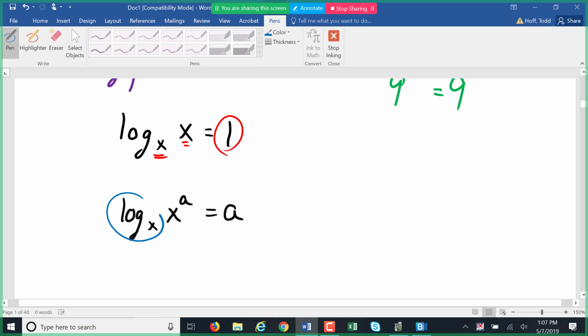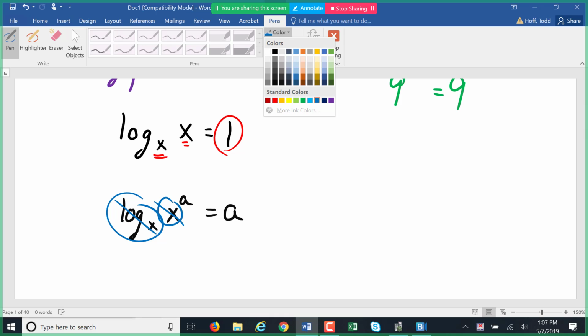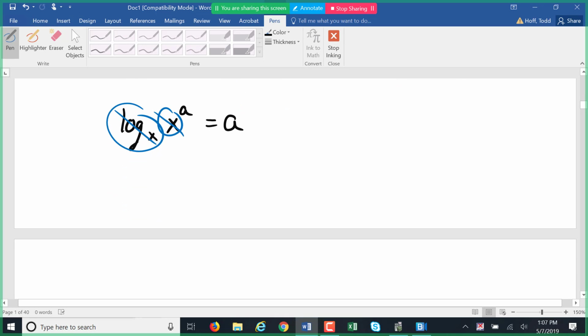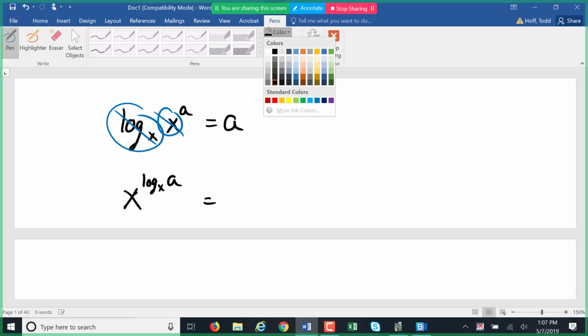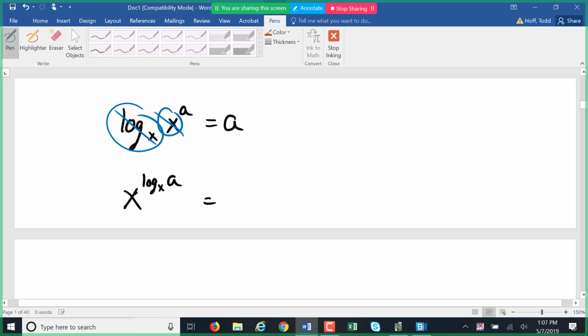The log base x and the base of x in the exponent cancel out. And the other side of that was x to the power of log base x of a, which is going to equal a. Again, the base of x in the exponent and the log base x cancel out, no matter what order they're in.